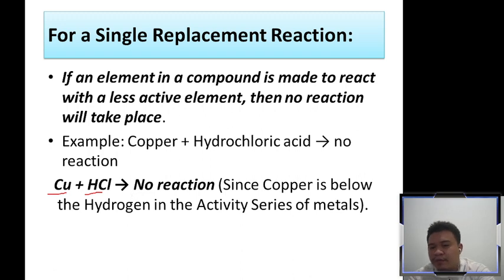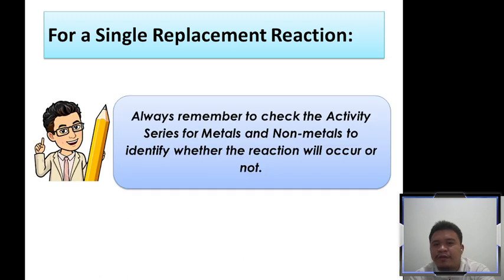Since copper, again, is below hydrogen in the activity series for metals. Okay? So that's how a single replacement works. Always remember to check the activity series for metals and nonmetals to identify whether the reaction will occur or not. So it's important for us to familiarize ourselves with the activity series for metals and nonmetals in a single replacement reaction.